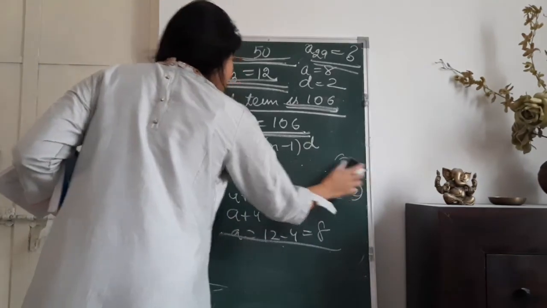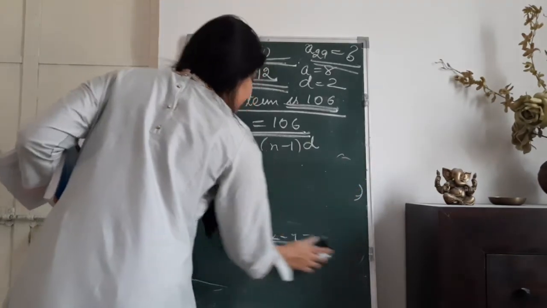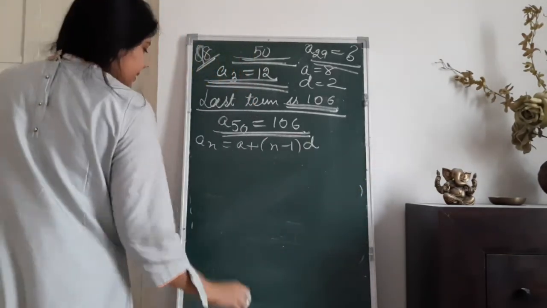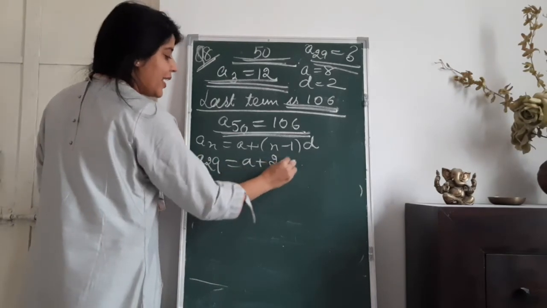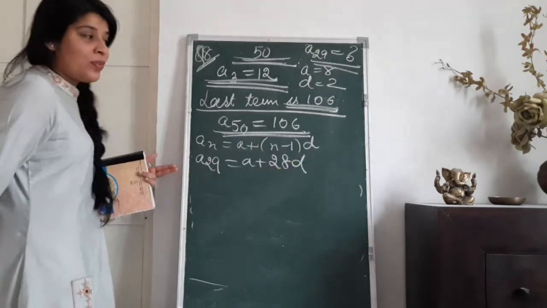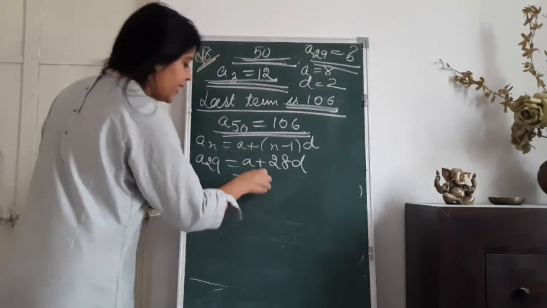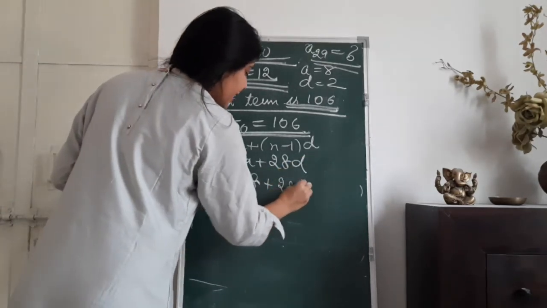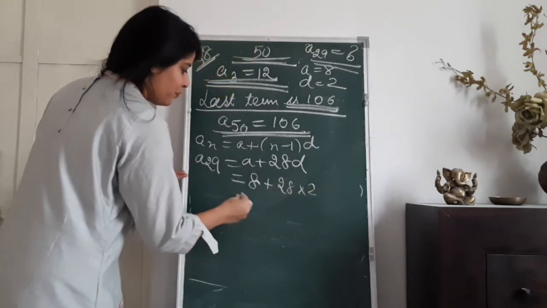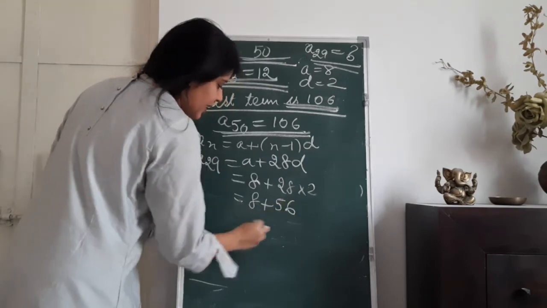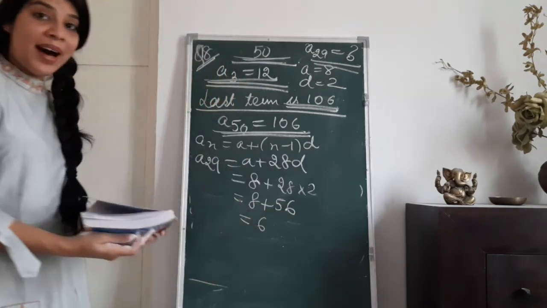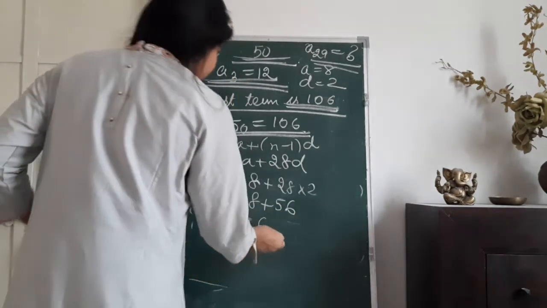Now using this formula, AN is equal to A plus N minus 1 into D, can I say A29 is going to be equal to A plus 28D? Right? Where A is 8 plus D is 2. 28 into 2 is what? 56. So 8 plus 56 is going to be equal to nothing but 64.